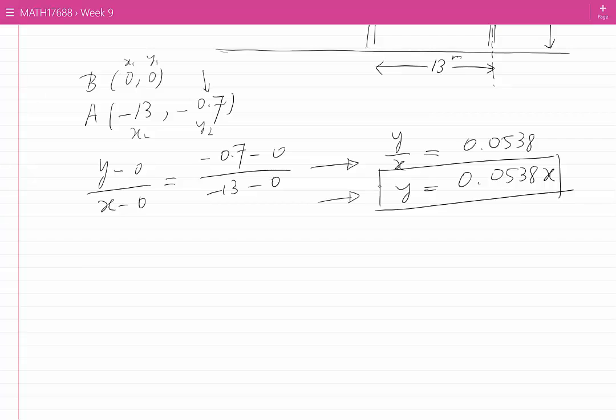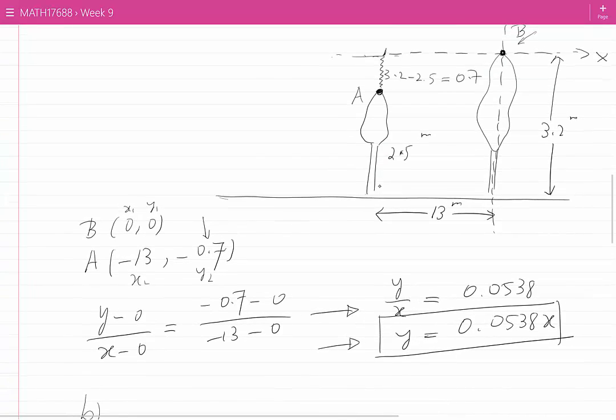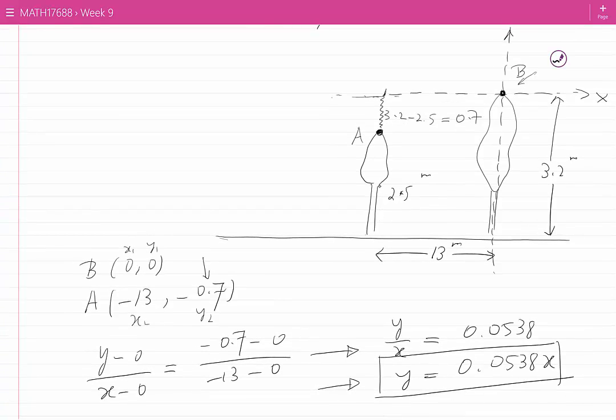Part B of the problem is solved this way. The individual is standing behind the smaller tree in such a way that the head of the individual and points A and B are all on the straight line passing through A and B. Now we need to find the coordinates of the head of the individual.